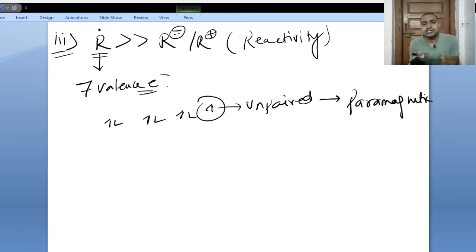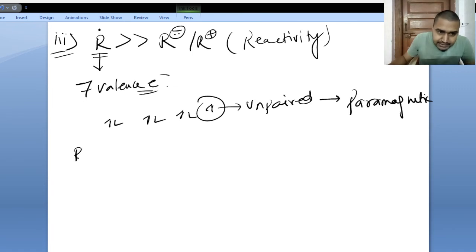But in the case of carbanion and carbocation, in case of carbanion your valence electrons are 8, so all the 8 electrons can be paired into pairs of 2, which will generate 4 pairs of electrons. In case of carbocation, it has 6 valence electrons, so all the 6 electrons can be paired in the form of 2-electron pairs.